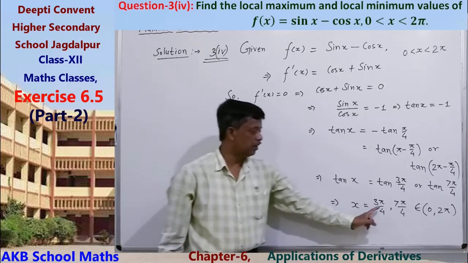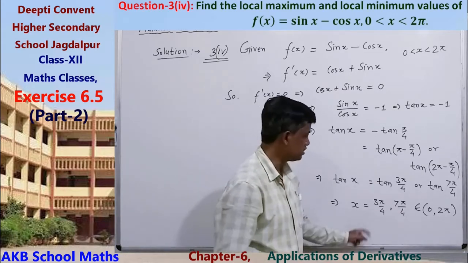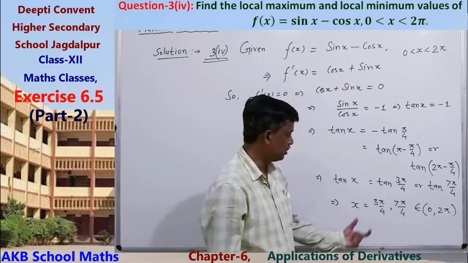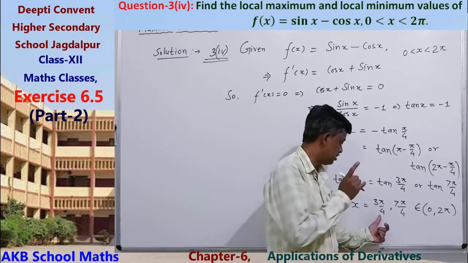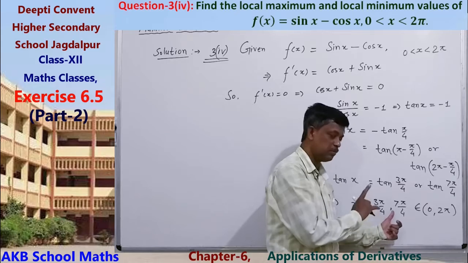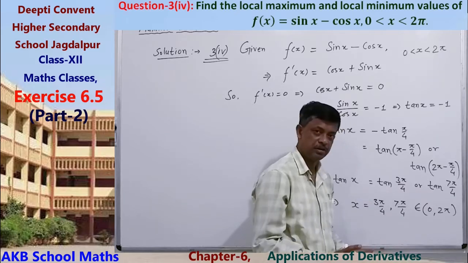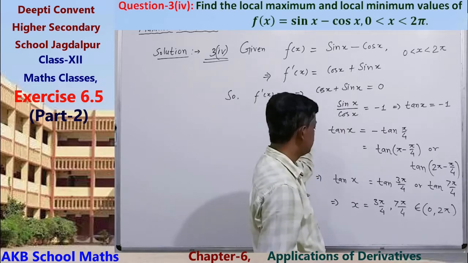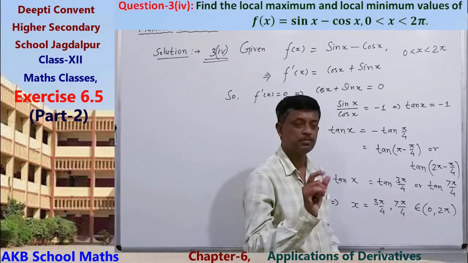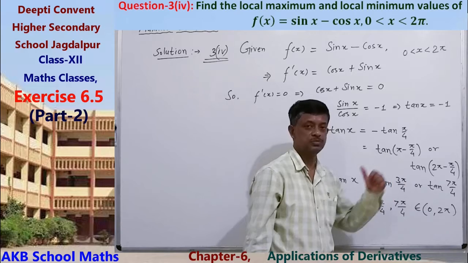So these are the values, in this case critical points. Now we are testing whether each point is a local minimum point or local maximum point, one by one. For that we have to find the second derivative and test the sign of the second derivative at this point and also at this point.